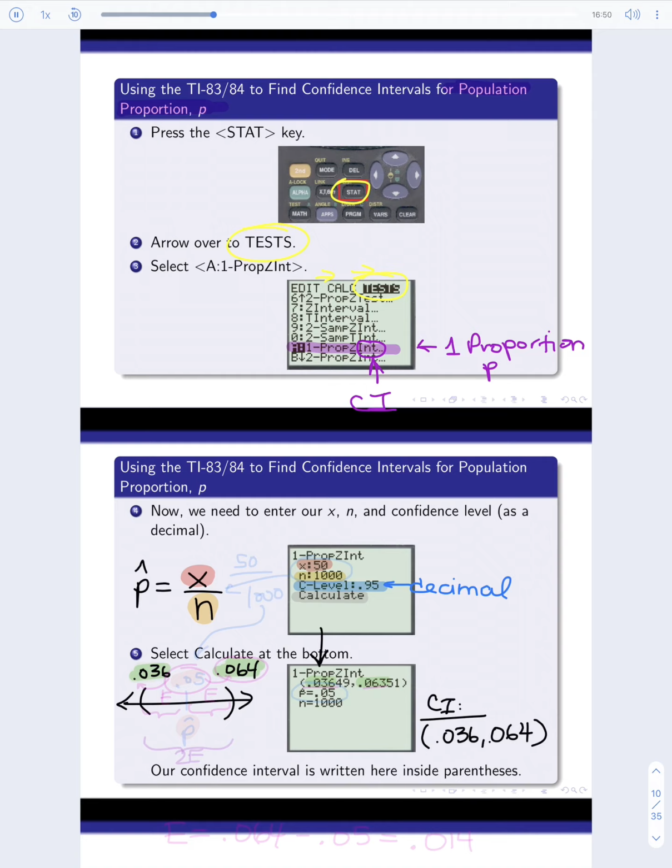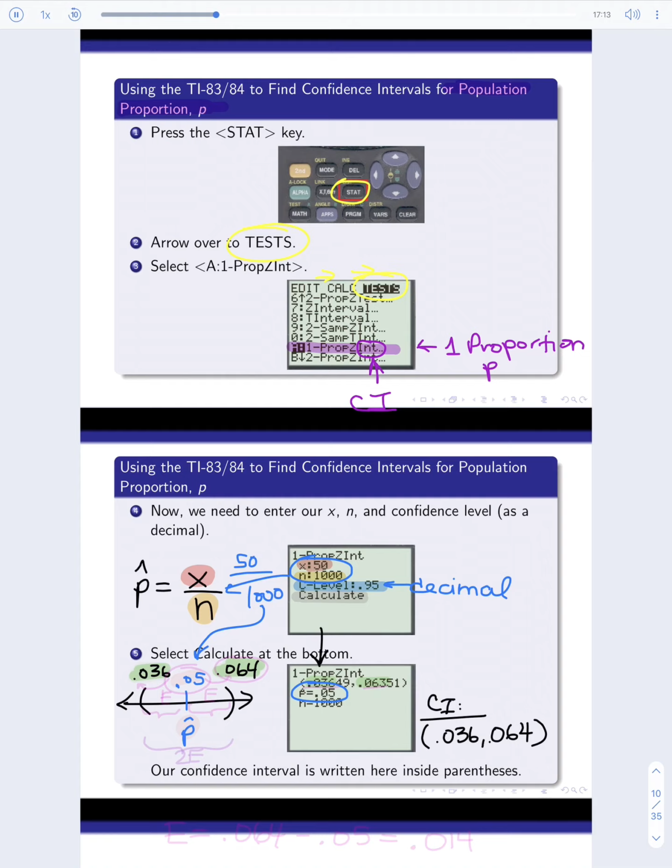They might ask for what your p hat is, which is in the middle. Well, our p hat, they actually give that to us too, is 0.05. If you weren't sure though, you could just divide the x over n, which is the 50 divided by 1,000, and you do get the 0.05.